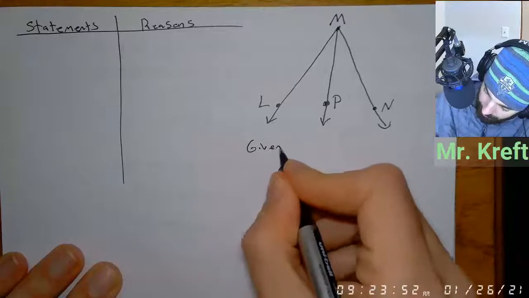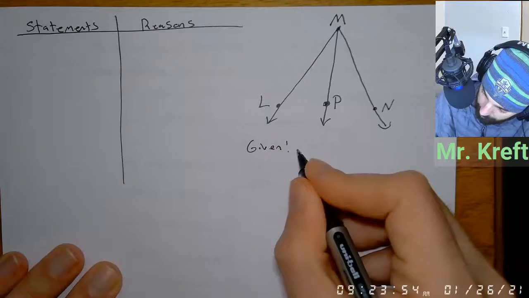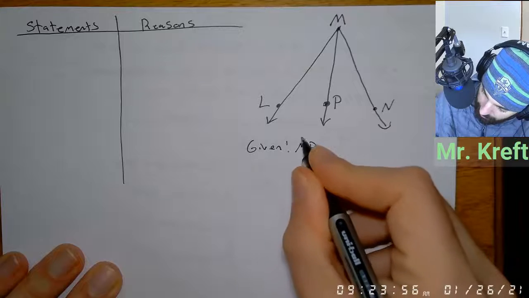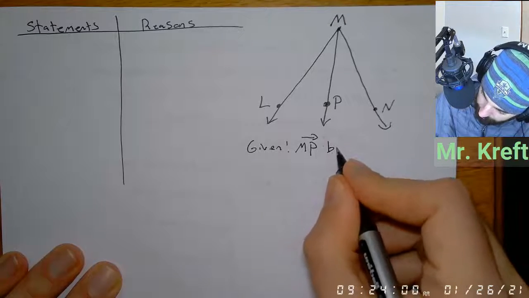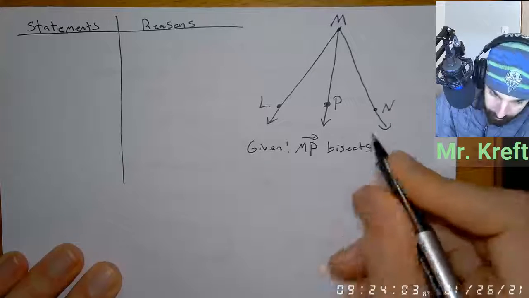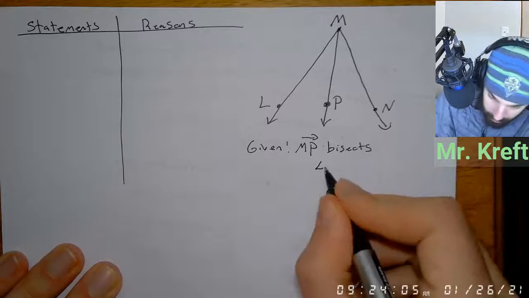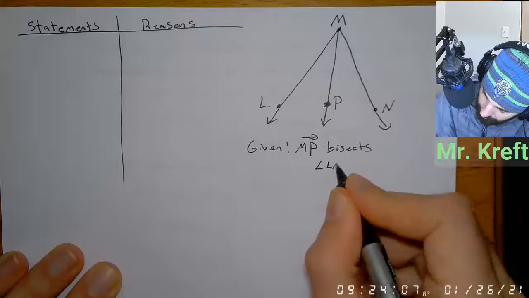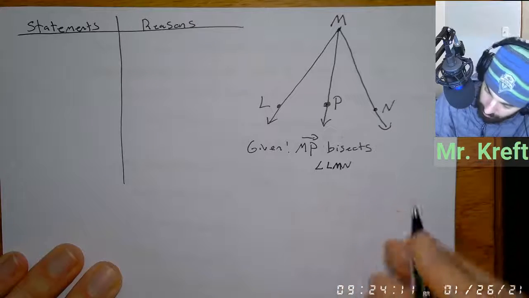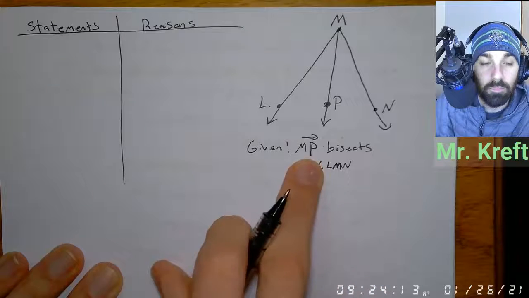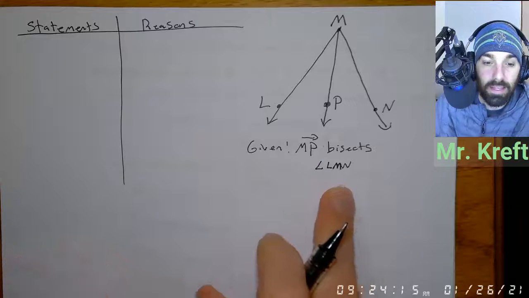We're going to have a given, and it's going to be that ray MP bisects angle LMN. Should make that a capital M. Okay, so ray MP bisects angle LMN.